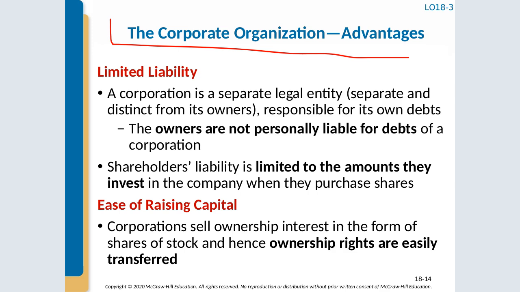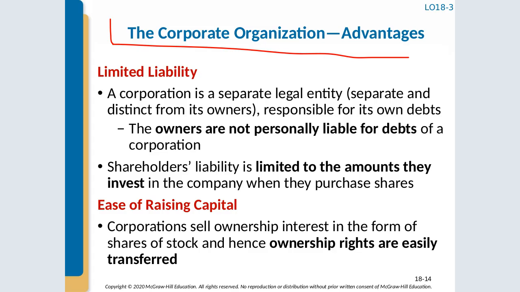And so we know that corporations' advantages are limited liability, basically that the shareholders' responsibility ends with their investment. The only risk that the shareholder has in investing in this corporation is the amount that they have actually invested.